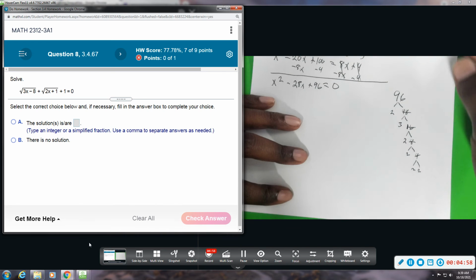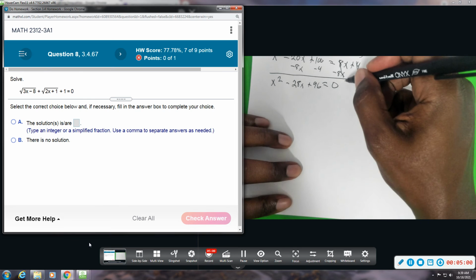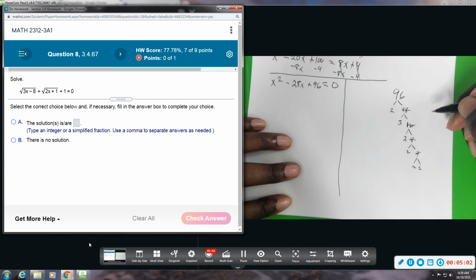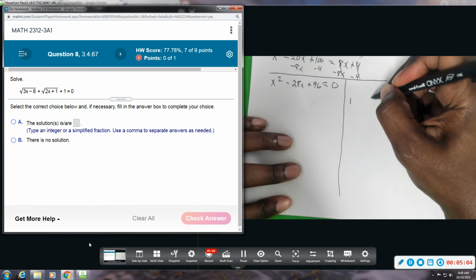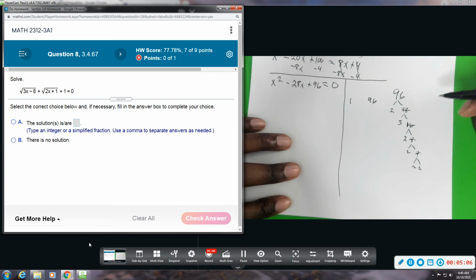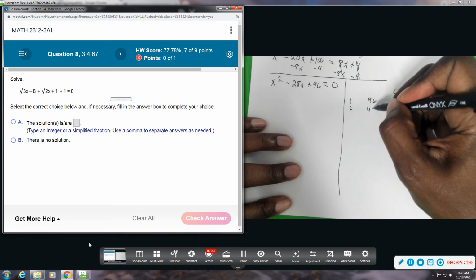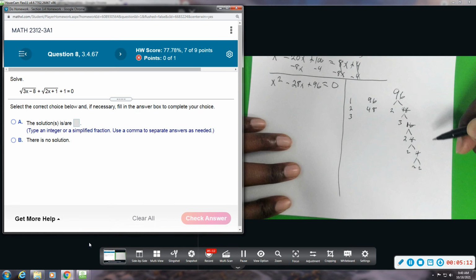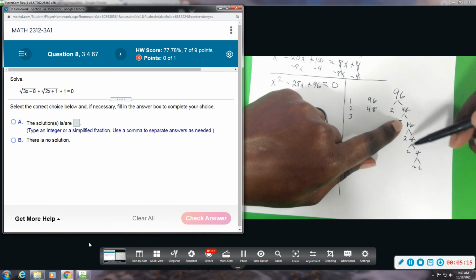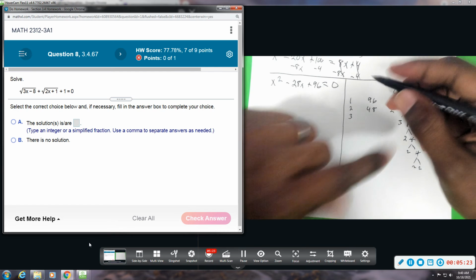So prime factors would be 1 and 96, and then if I do the 2 and 48, and then 3, I have to multiply all this back together. 2, 4, 8, 16. 16 times 2 is 32.